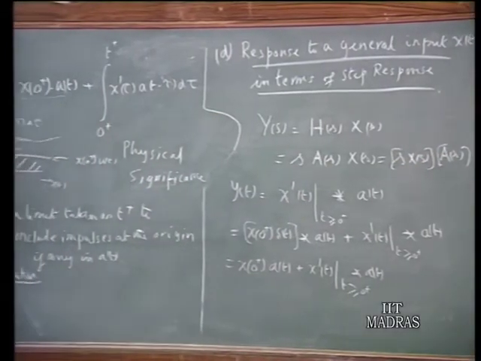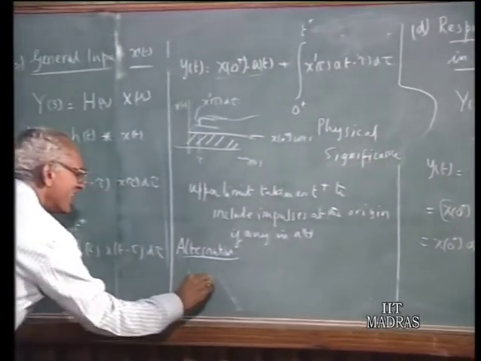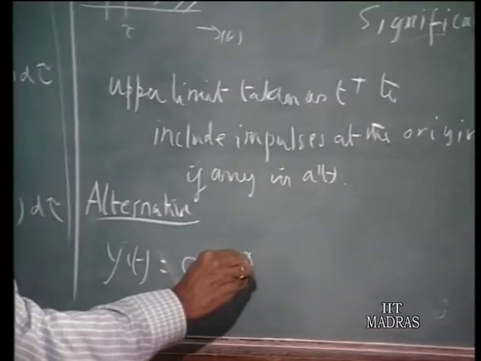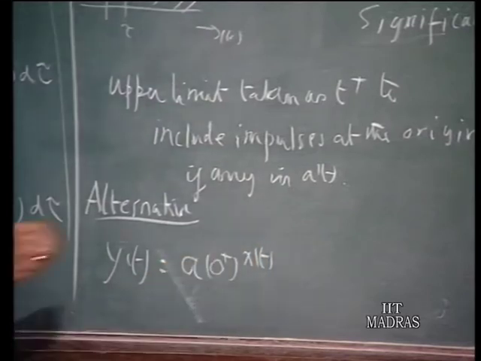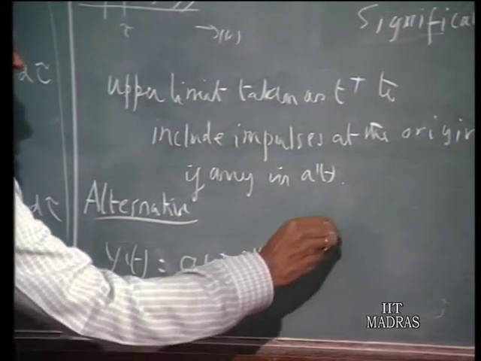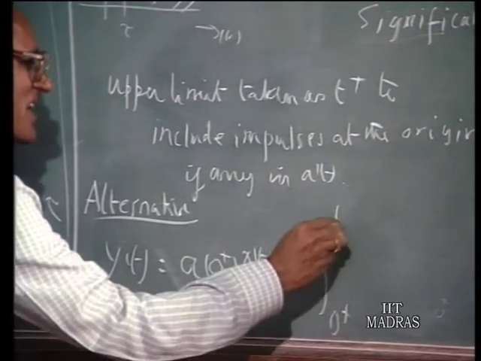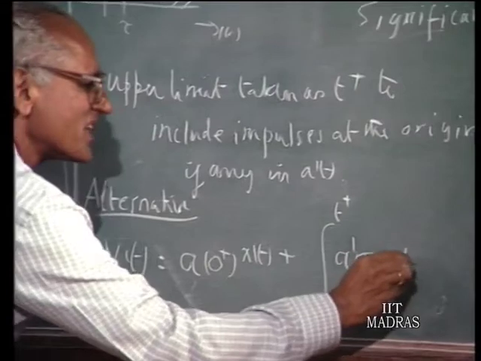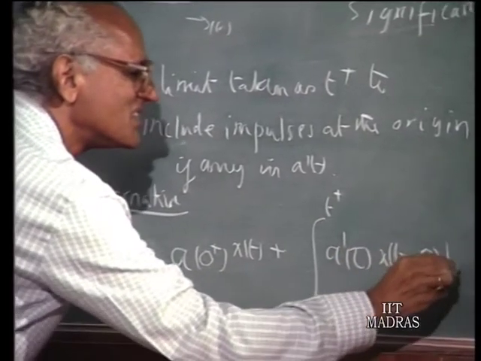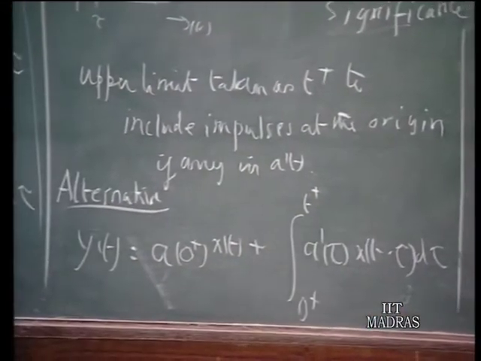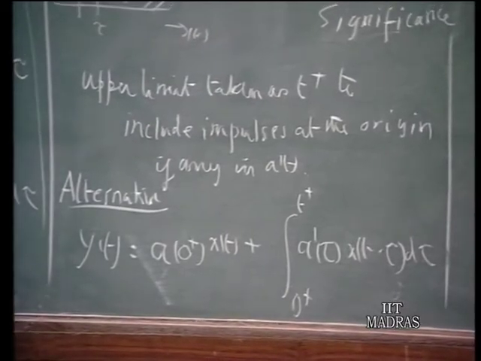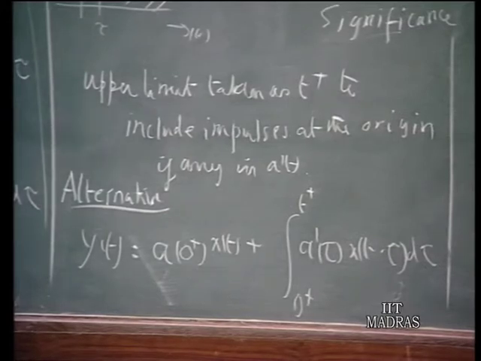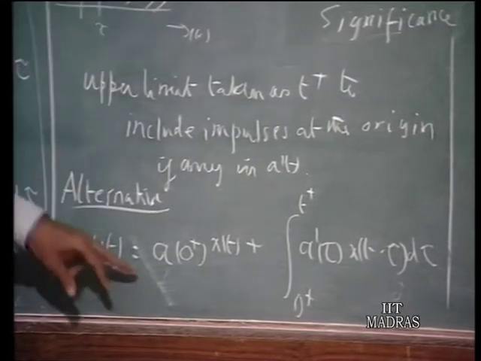So an alternative version would be y of t equals a of 0 plus times x of t plus the integral from 0 plus to t plus of a prime tau x of t minus tau d tau. So that is an alternative way of representing this, because after all X of s is symmetrical in A of s and X of s. So whatever role x of t plays here, a of t can also play here.